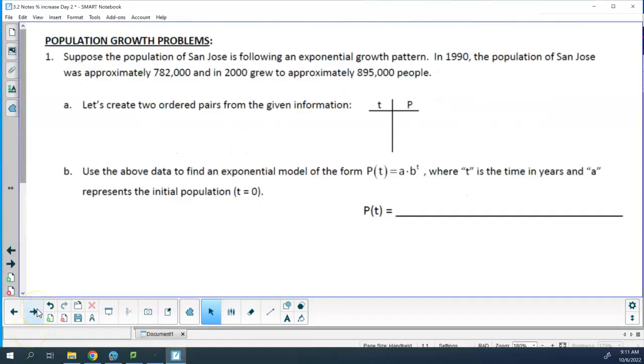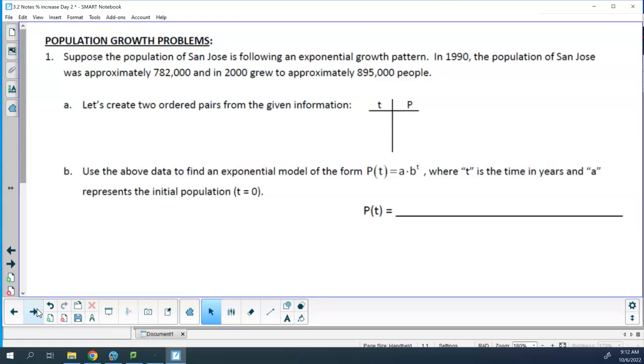So let's talk population growth. Suppose the population of San Jose is following an exponential growth pattern. In 1990, the population of San Jose was approximately 782,000 people. And in 2000, that grew to approximately 895,000. Let's create 2 ordered pairs from the given information.